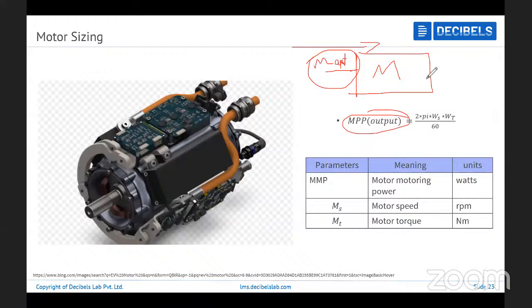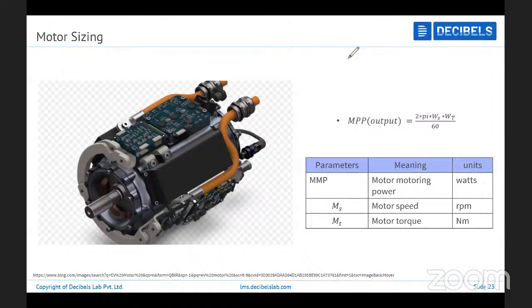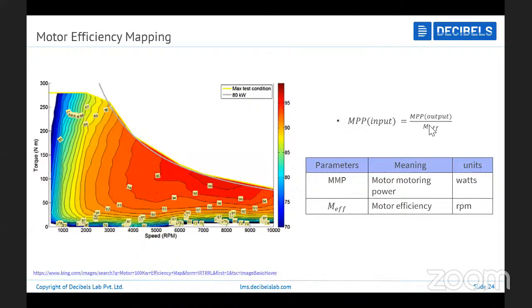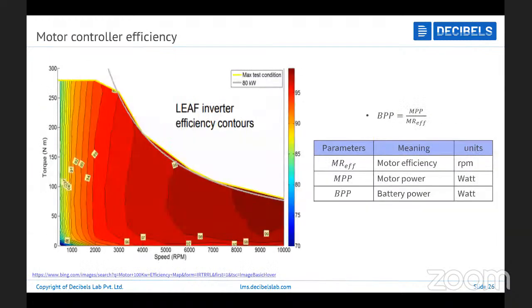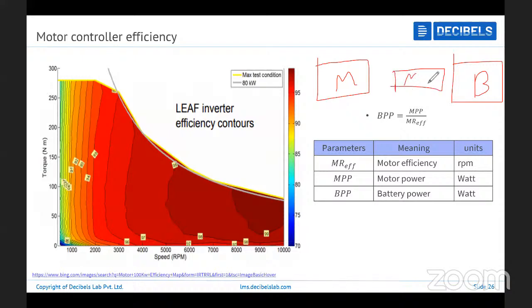Then we will include some losses, adding them in terms of efficiency, and then we will get to know the input power. For that we divide the motor output power by motor efficiency, and we get the motor input power. Again, there is a component between the motor and the battery, that is the motor controller.